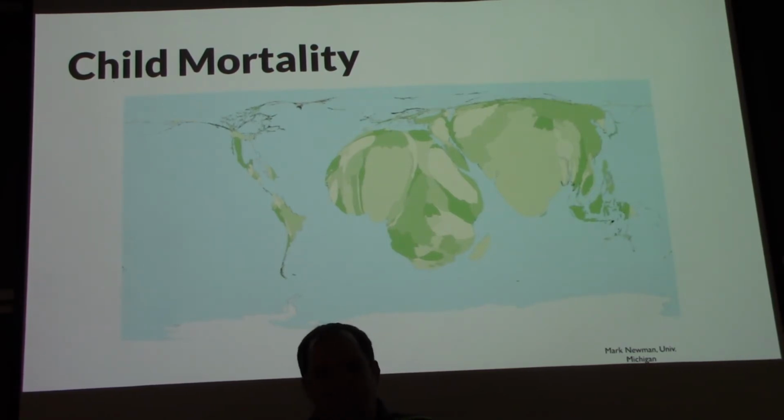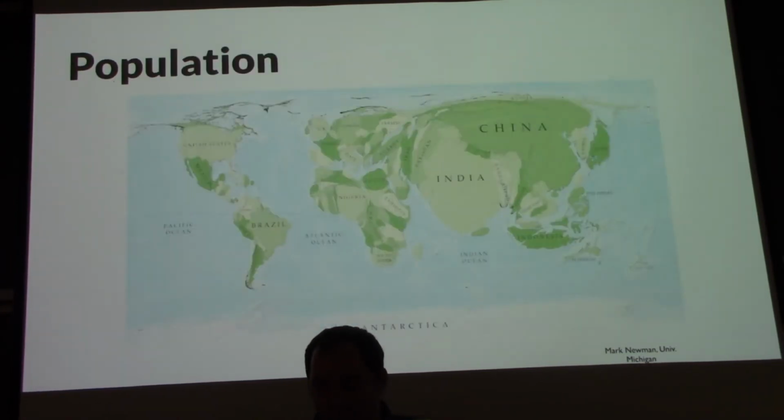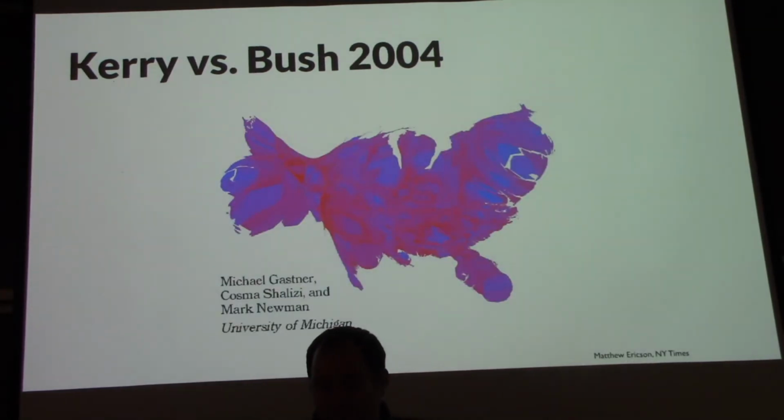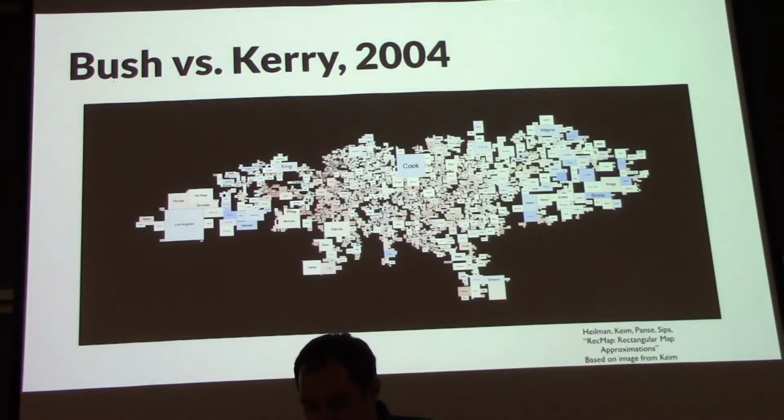You could do this in a better way, but of course they have a quite interesting dramatic effect, especially if you look at greenhouse emissions and see where those emissions are. If you want to learn more, there's a link on the slides to the actual visualization technique. And this is again using shapes for all of those different districts in the United States for the Bush versus Kerry race, but here the geospatial context is only very vaguely represented.